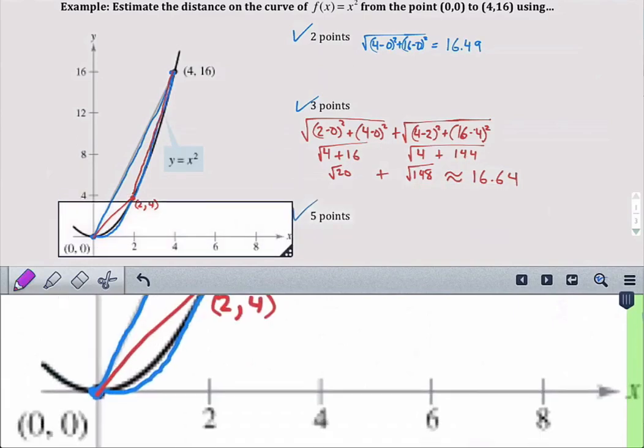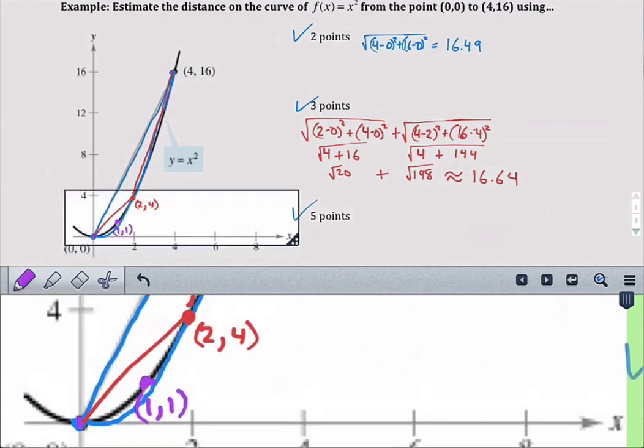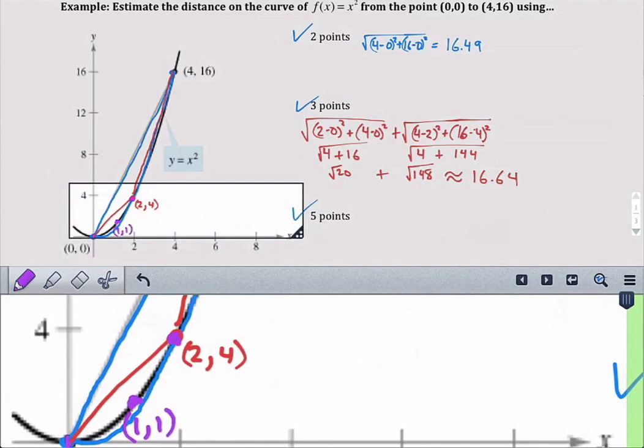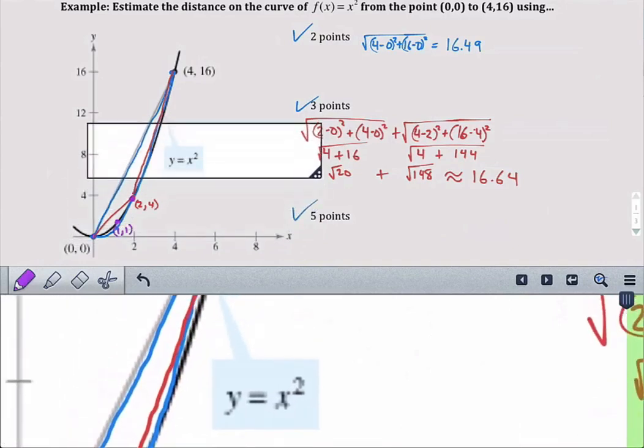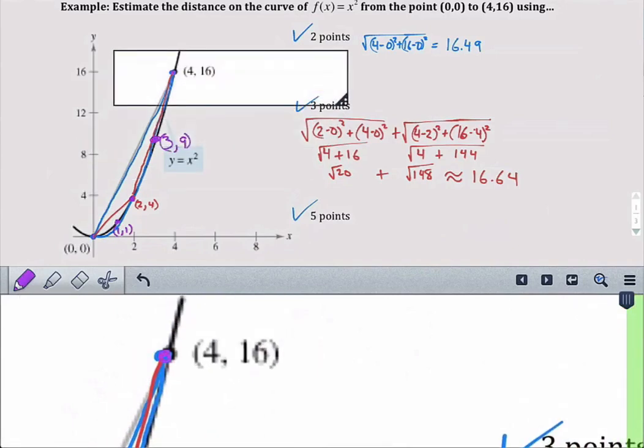So what we can do is just split the difference between 0 and 2, and we'll look at the point here, and that'll be (1, 1). We'll still have our (2, 4). And then we'll go (3, 9), which is about right here. And then we'll still use the point (4, 16).